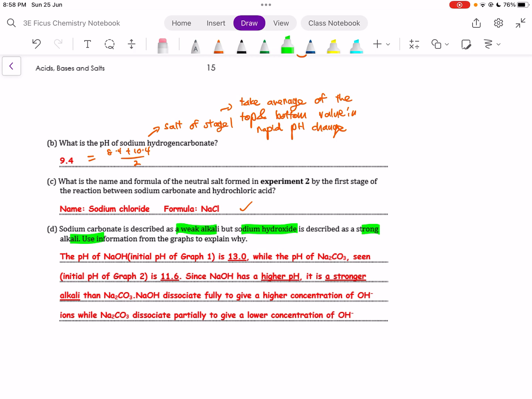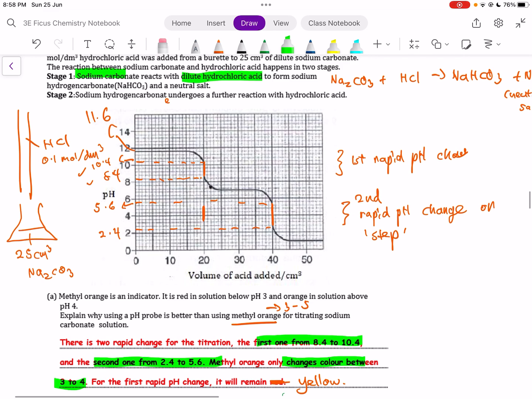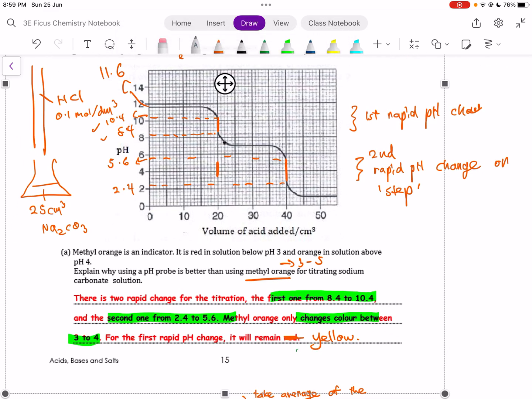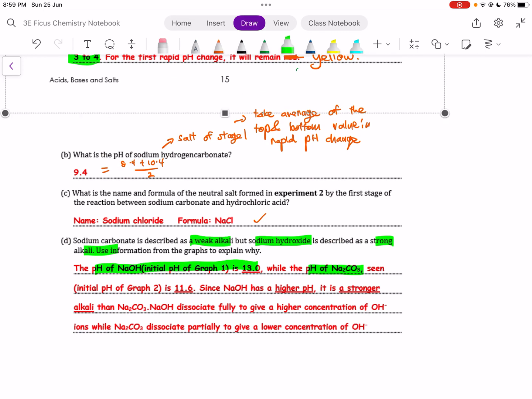Basically, the pH of NaOH is around 13, while the pH of your sodium carbonate is 11.6. So you have to list the two.